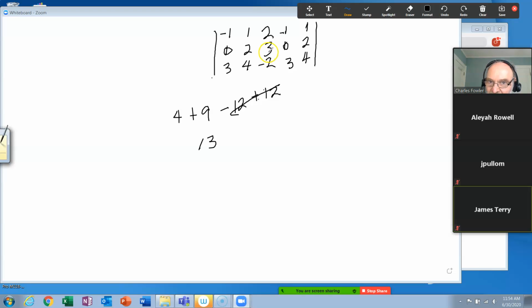Okay, that was a plus times that. But if you look at this, that's this entry right here, this diagonal here. A21, A32, A13. That's that entry. So every one that we did before, we are doing this way.